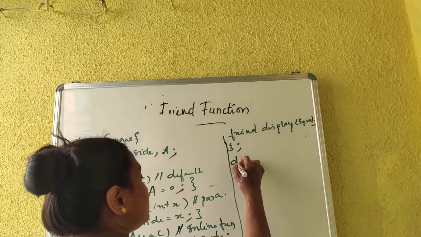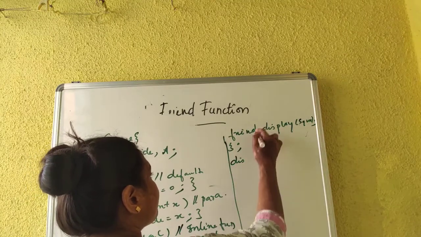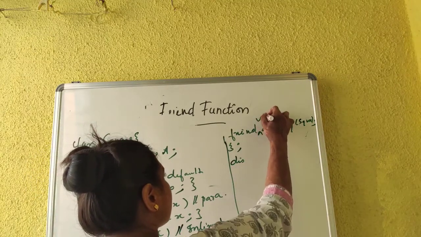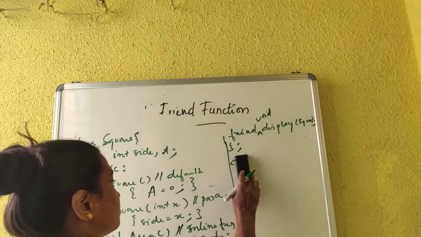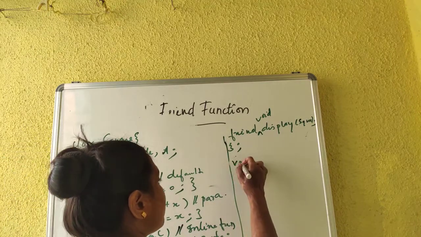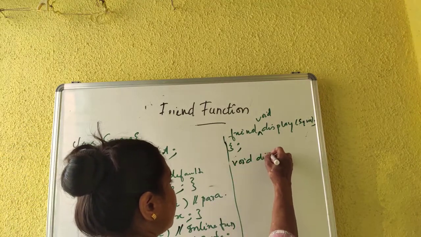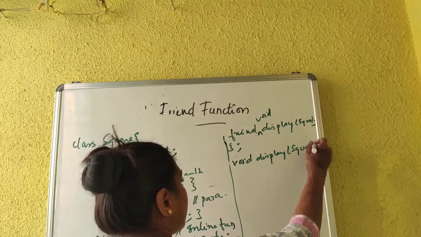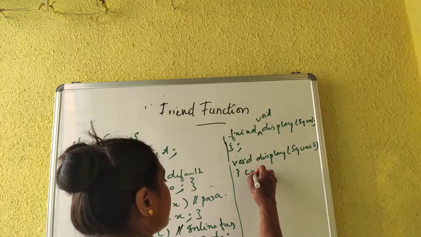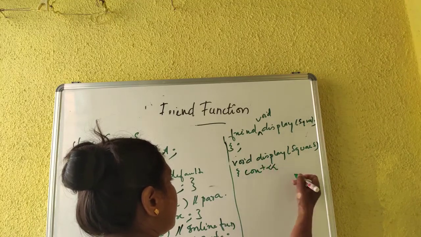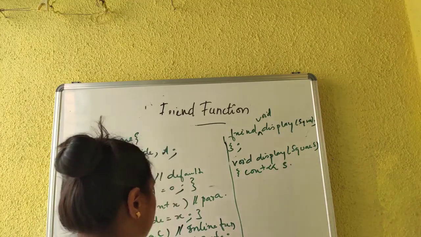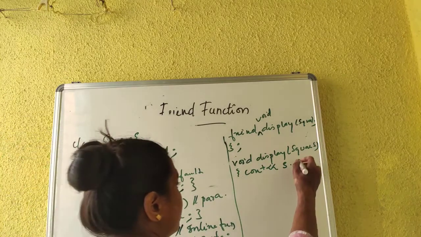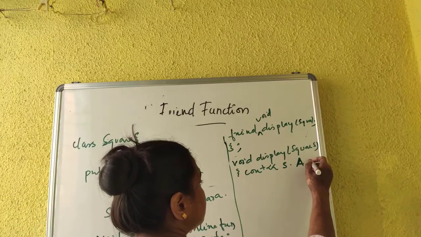So when I define it outside, I will write void display, square s, wherein I am displaying the area s dot A. A contains the area.